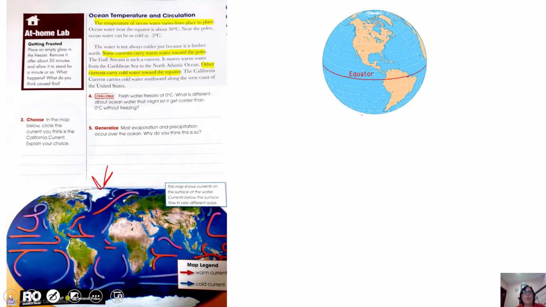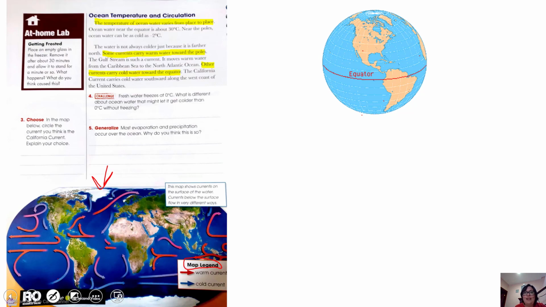Of all these currents that you see here, looking at the map, the red arrows are warm currents and the blue arrows are cold currents. So which one do you think, because the currents have names, which one do you think is the California current, la corriente de California? We have a lot of them, right?